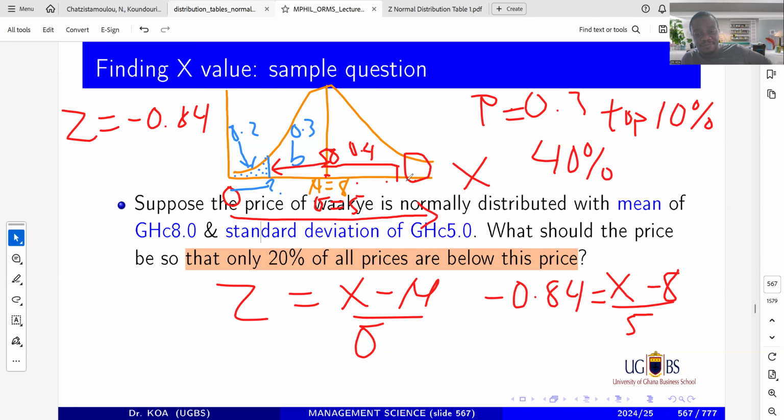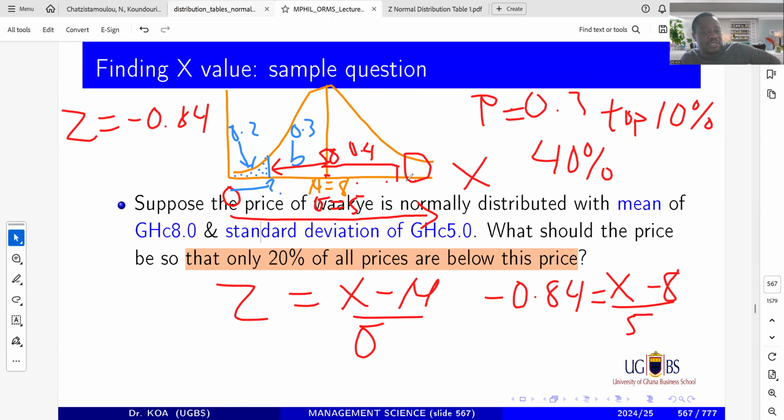Now, last one. What do you think the price will be for 70% of the prizes? Let me put it this way, what will be the price below 70% of all prizes?